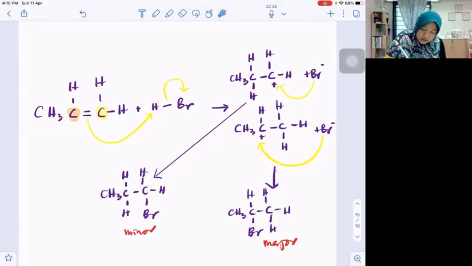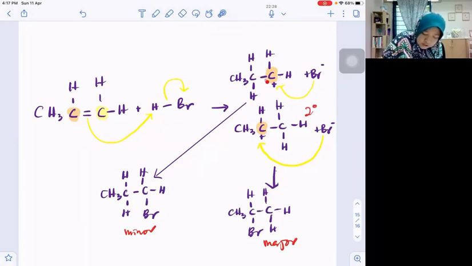If you look at this carbocation, we compare this carbon and this carbocation. This carbocation is a secondary carbocation, since it is attached to two neighboring carbons.